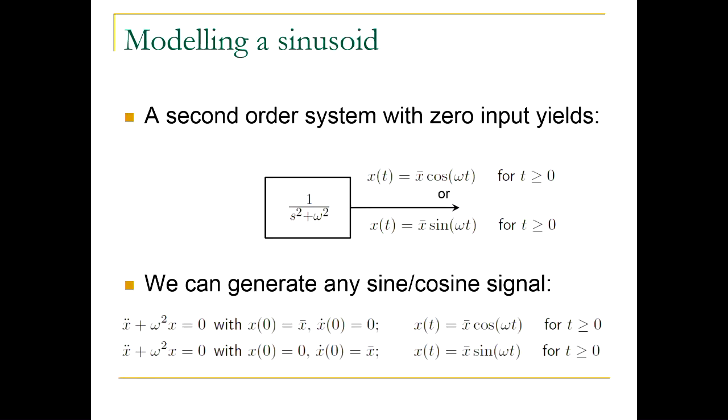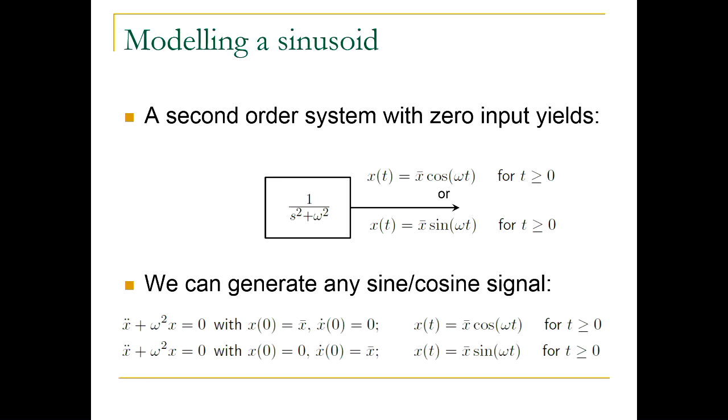Here is another one, when the story is the same, if you want to generate sinusoids, sine and cosine functions of a particular frequency. If I consider a transfer function like this, s squared plus omega squared, and I look at zero input, but then I look at different initializations. By the way, the differential equation with zero input, if there was an input, this would be u.